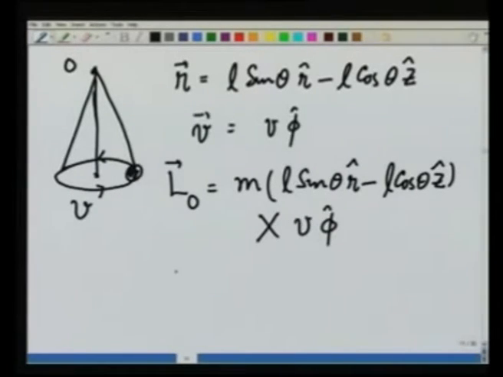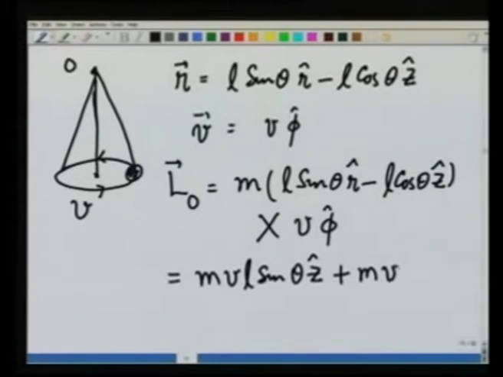r cross phi is z. So, this comes out to be m v L sin theta z, and z cross phi is going to be minus r. You can check that. So, this is going to be plus m v L cosine theta r unit vector.